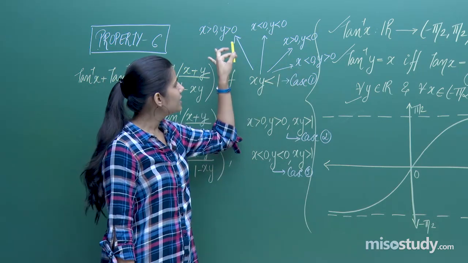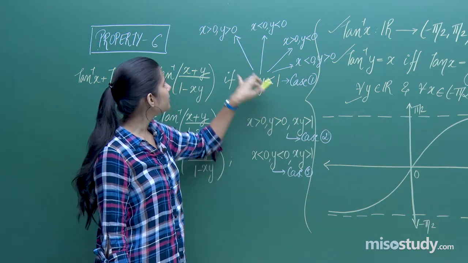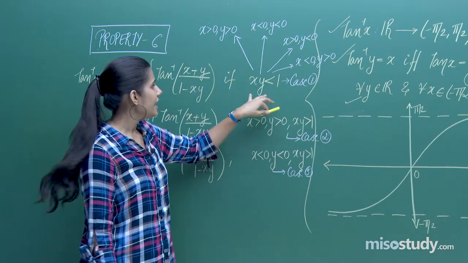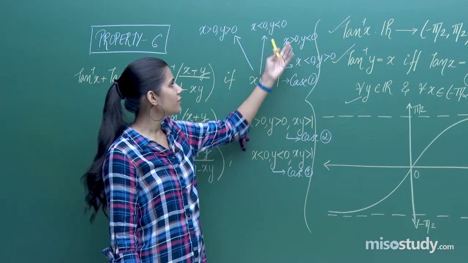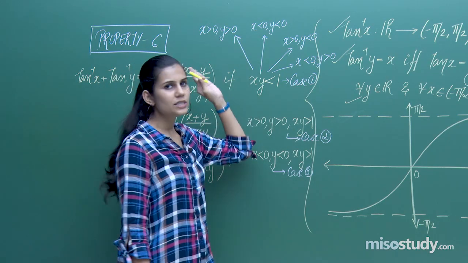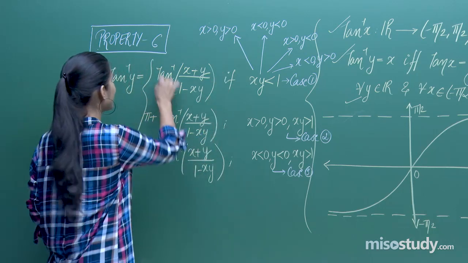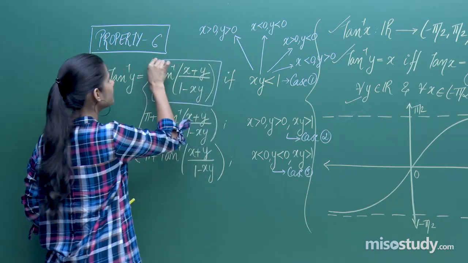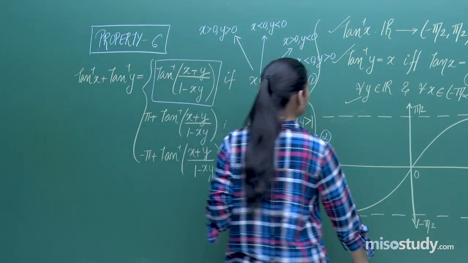So these are the four sub cases inside case 1: x into y is less than 1 provided x and y both are positive, provided x and y are both negative, or when one is positive and one is negative. So four sub cases we have to understand in here. All the four sub cases are going to imply the exact same answer for tan inverse x plus tan inverse y. Clear? So let's begin the proof.